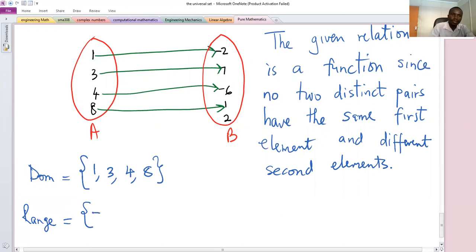So we have -2, 7, -6, and then 1. Remember, 2 is not in the range because there is no element from A which is mapped to 2. So you don't include 2 in this solution. So this is the range, the set of all the second elements in any given relation.